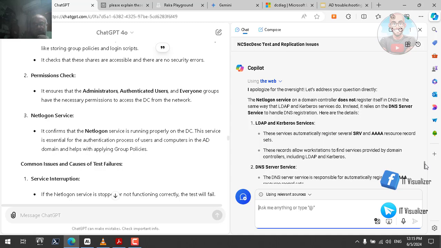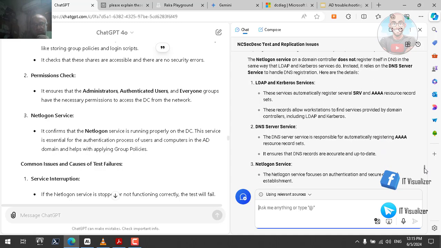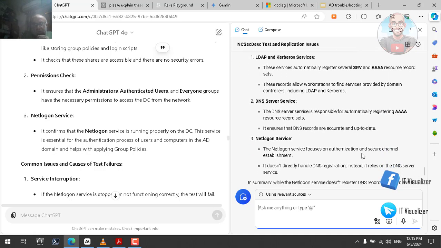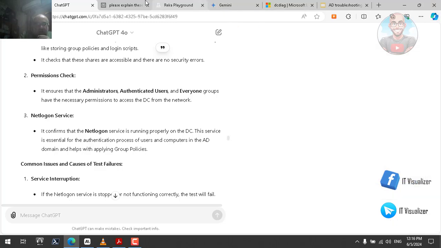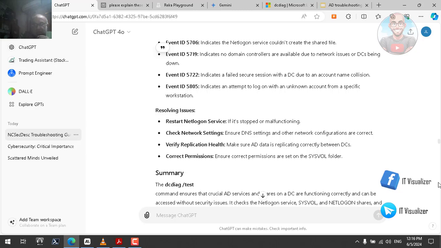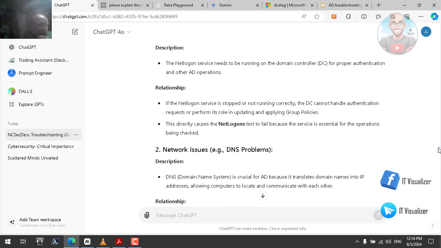Okay, anyway, it focuses on authentication and secure channel establishment. It does not directly handle DNS registration, instead it relies on DNS. So in summary, Netlogon doesn't register DNS records itself. So this is one thing here. If you go there and see ChatGPT concerning this one.